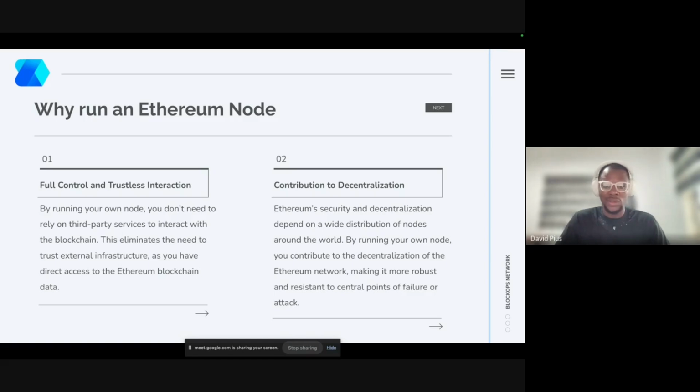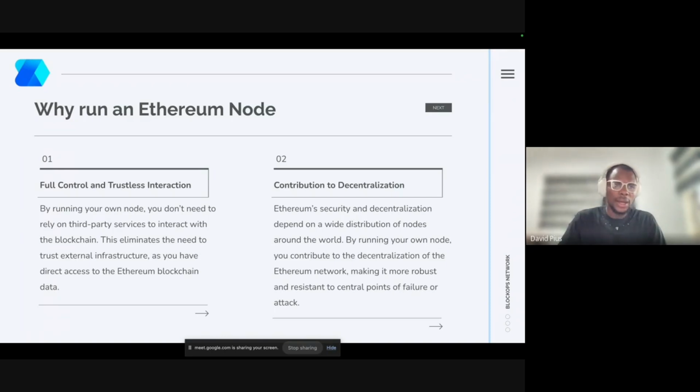That's not true decentralization. Decentralization means you should have a balanced number of these nodes running in different parts of the world, different regions. It sounds almost impossible, but it's possible.